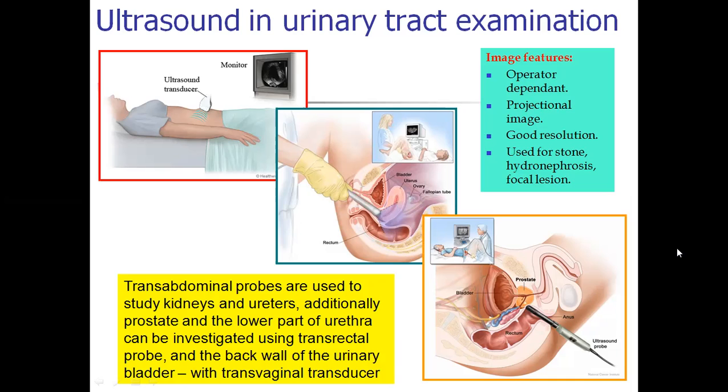First, transabdominal ultrasound, which is used to study kidneys and ureters, and additionally the prostate and lower part of the urethra. The back wall of the urinary bladder may be assessed with the help of transrectal examination in men and transvaginal approach in women.